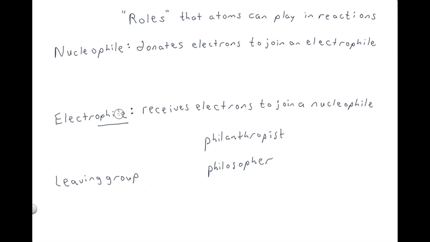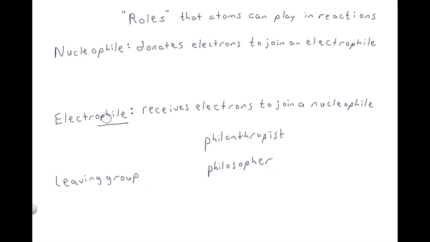So what does electrophile mean? Electrophile means a molecule that likes or loves electrons, an electron lover. Do you see why it makes sense that this role would go with an electrophile? Because the electrophile likes electrons, it wants to receive more electrons. I think that makes sense. An electrophile is something that likes electrons, and therefore it wants to receive more electrons. So if you remember that phile means liker, if you ever forget what electrophile means, you should be able to figure it out.